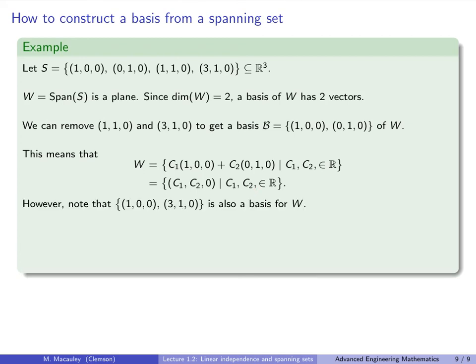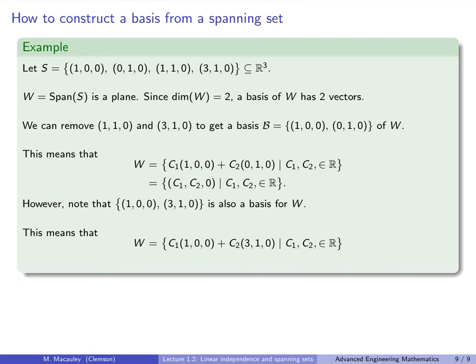This is not the only basis of the xy plane that we could have chosen from here. We could have instead removed, say, these two and gotten a basis. You can't always remove any subset of size 2, but in this case, it turns out we can. Then the xy plane is the set of all vectors of the form C1 times (1, 0, 0) plus C2 times (3, 1, 0).